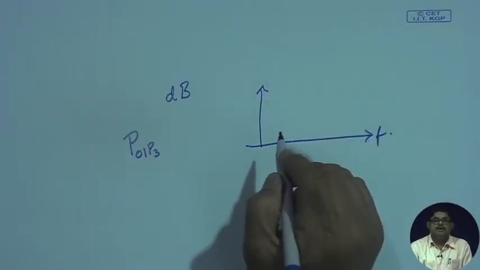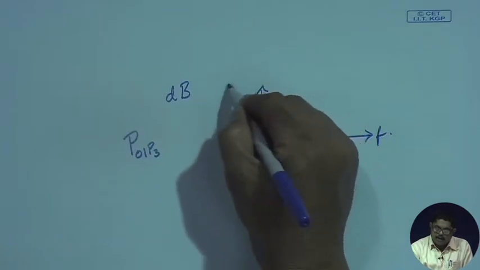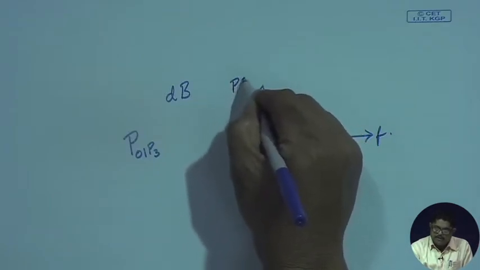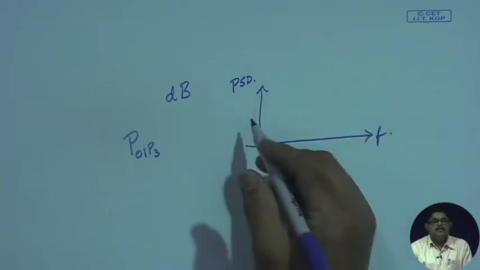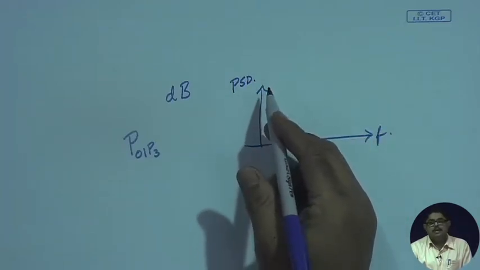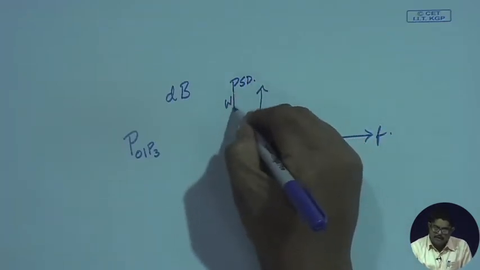So, we have frequency here, and we have the power spectral density here, which you can have in watts per hertz.